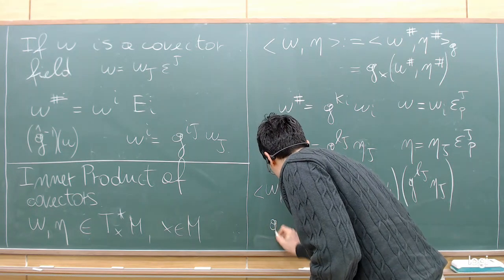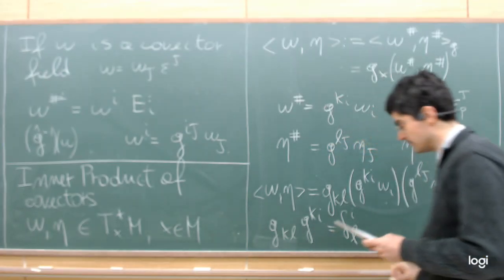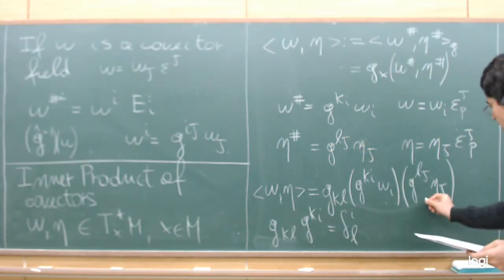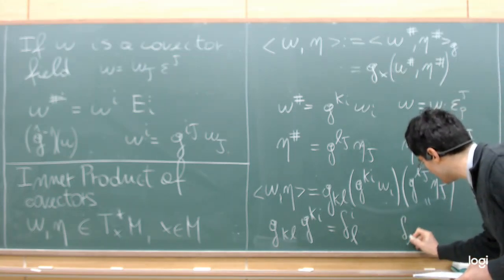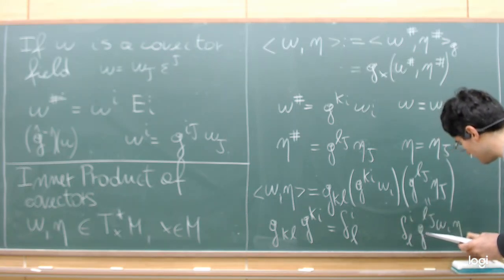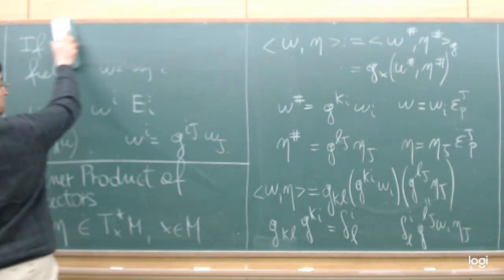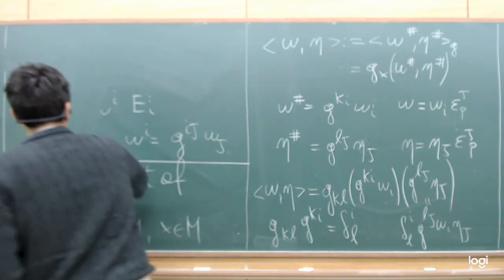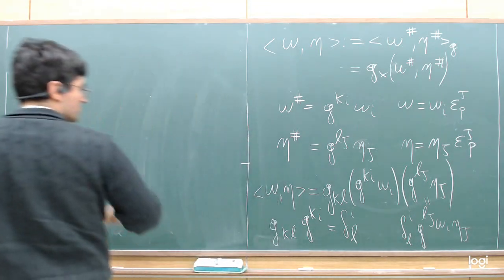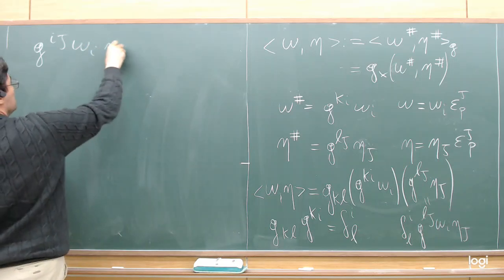So let's use that g k l g k i is delta i l, and this reduces to delta l i g l j omega i eta j, but when you multiply the Kronecker delta symbol by this metric, you get g i j omega i eta j.